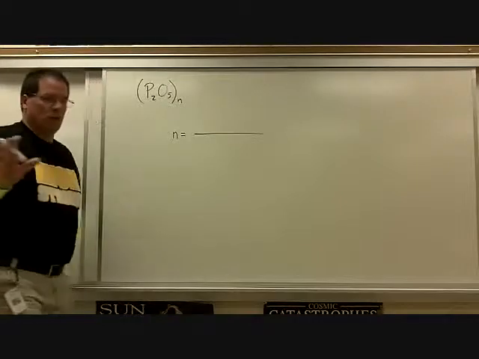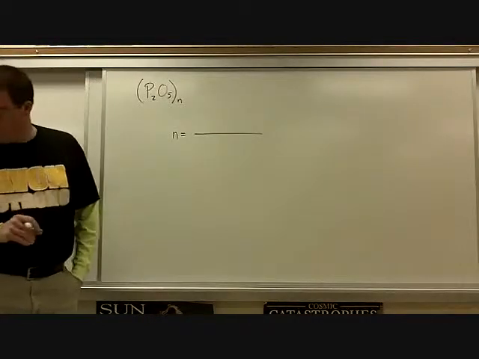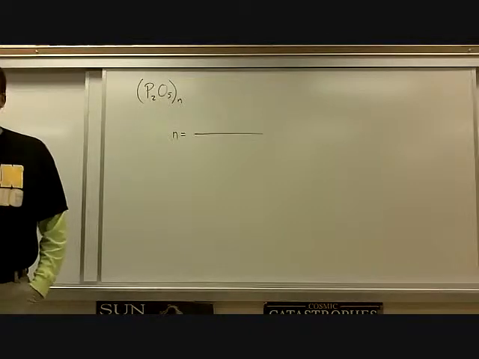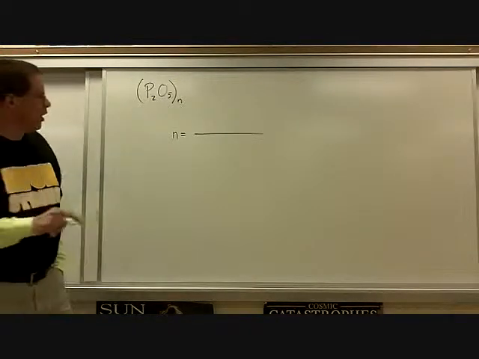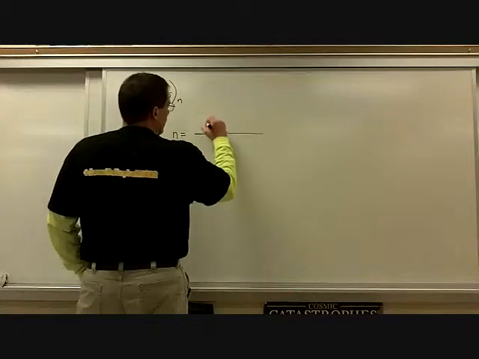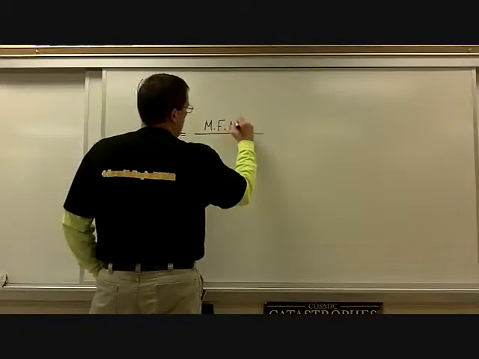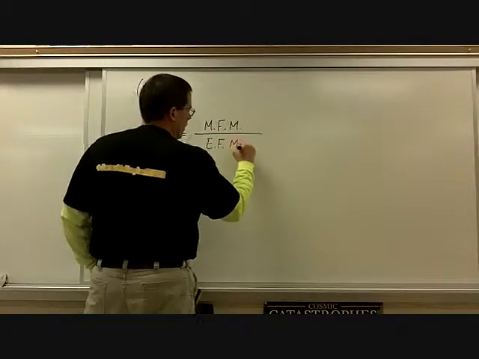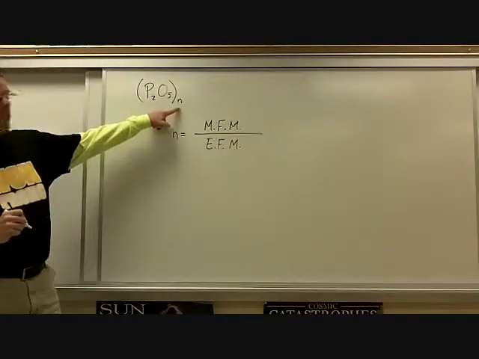So I gave you the molecular formula mass, which I must do every time. To find N, you take the molecular formula mass and divide it by the empirical formula mass. That will give you the multiplier. Okay?